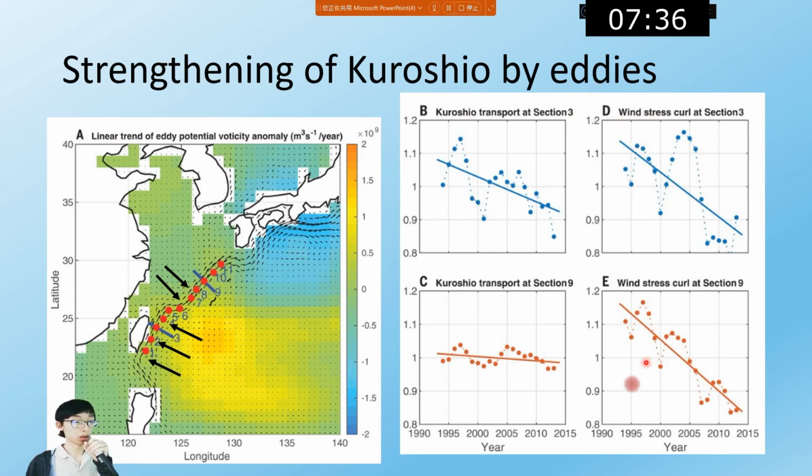In pictures D and E, we can see that there is a trend of decrease compared with B and C. We can also know that the slope has a significant difference in D and E, just like here and here. So there is still another reason to accelerate Kuroshio currents.